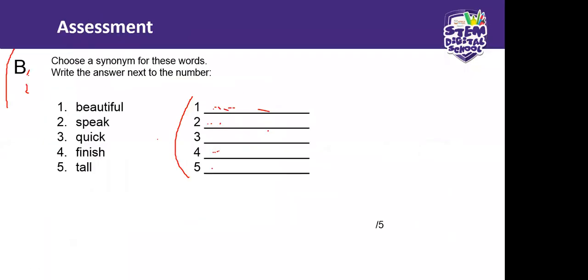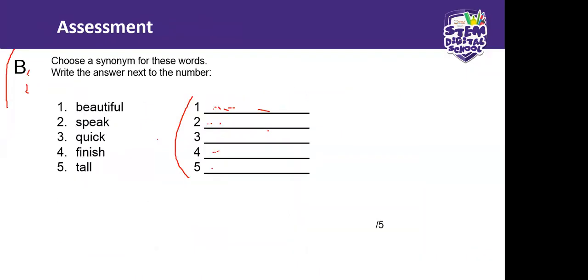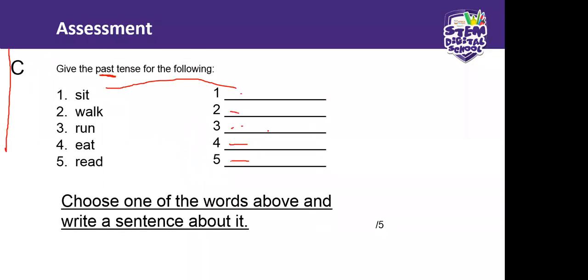Okay. Here are the slides. This is important. This is our test. Number A, number B, number C. Okay. And all I'm interested in is your answers that you wrote down on your page or in your book. All right.